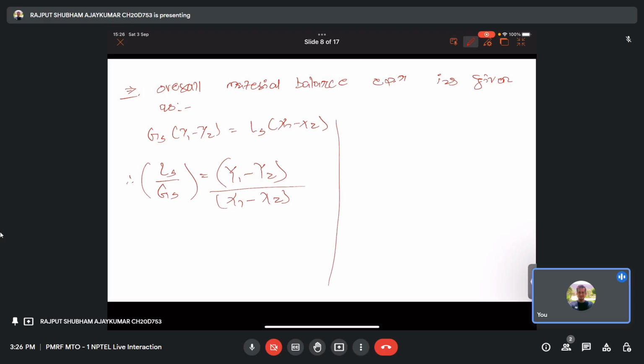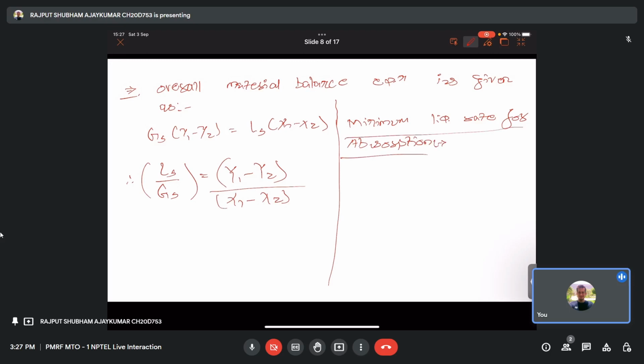So if in the examinations they ask what is the minimum liquid rate required for the absorption, the main thing is this. There will be a minimum liquid rate which is required for the absorption.